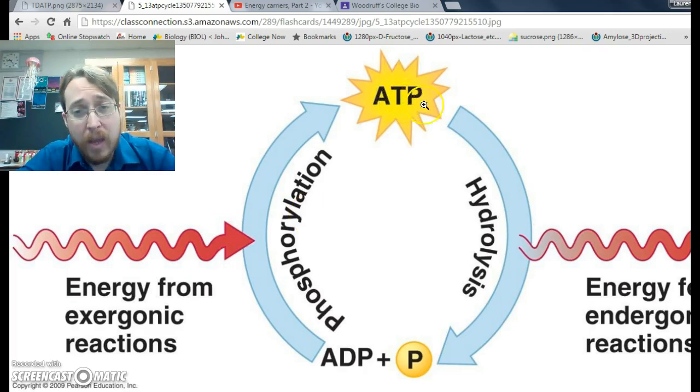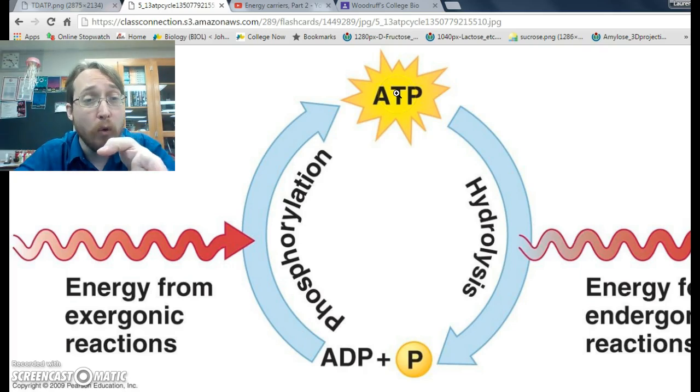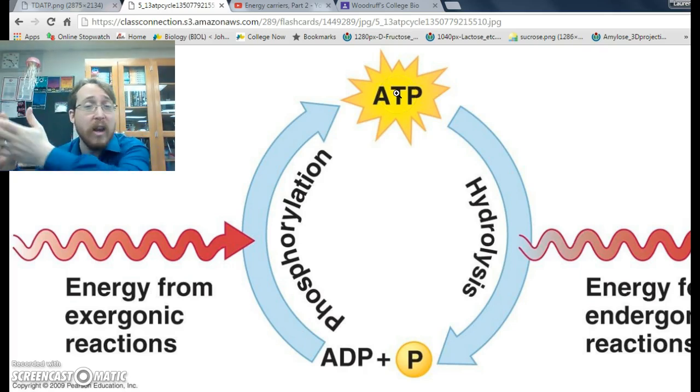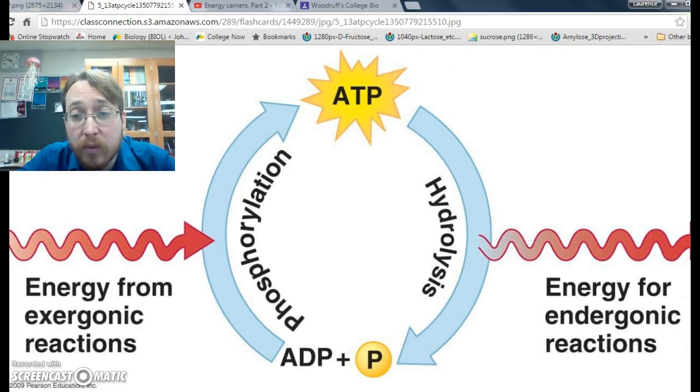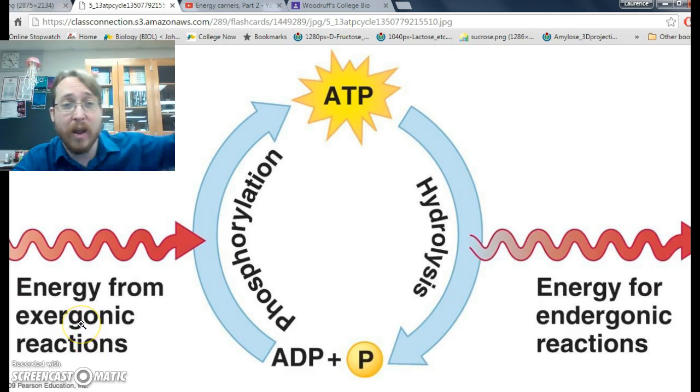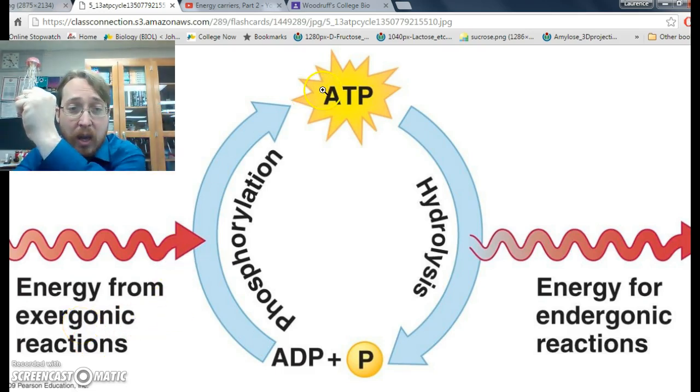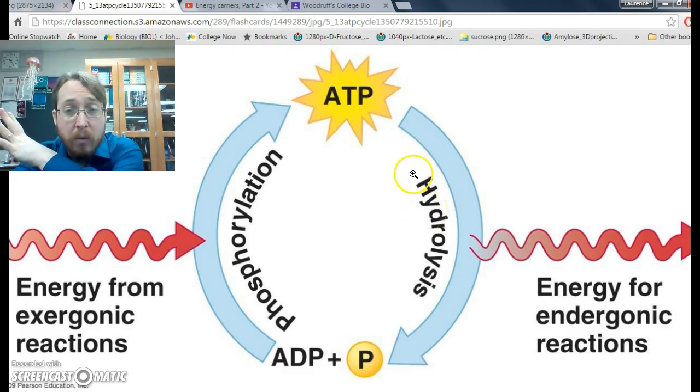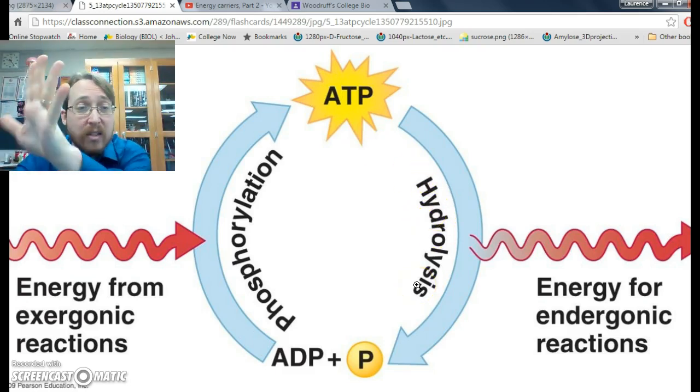Now, ATP can be moved. It can be moved to a place where there's going to be an endergonic reaction. Here, let me shift this over. It can be moved to a place where there's going to be an endergonic reaction because it's got this stored energy from this exergonic reaction that happened over here, stored it in ATP, moved the ATP, and then we can undergo hydrolysis and release that energy.